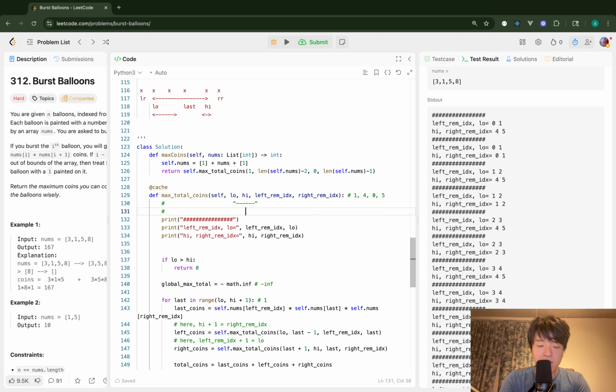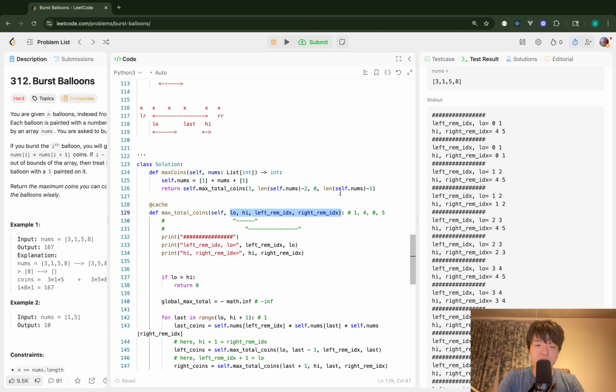And this one and this one are again always adjacent. So theoretically, I have to choose n squared pairs. Deciding low and high, left remaining index and right remaining index are always decided, which means that there are n squared variations for the argument.